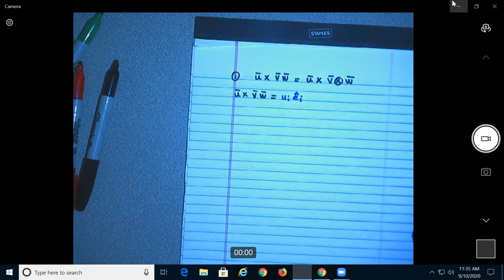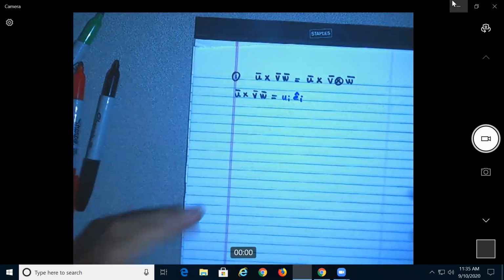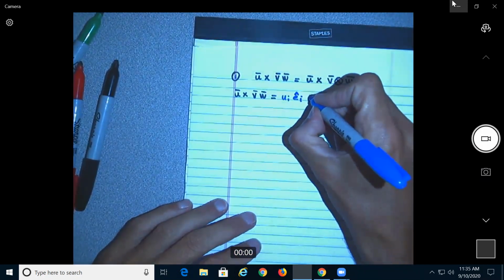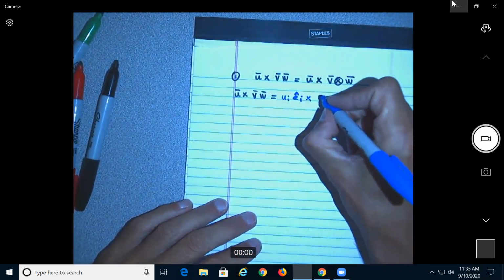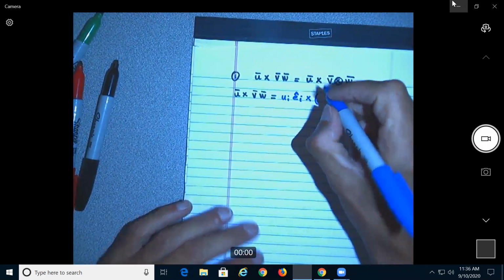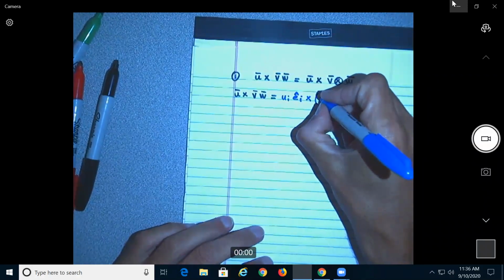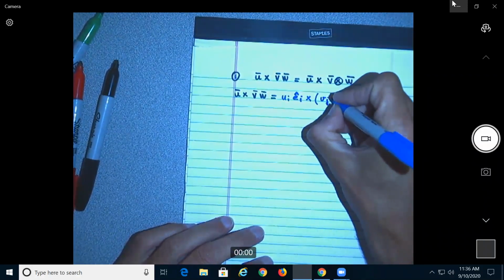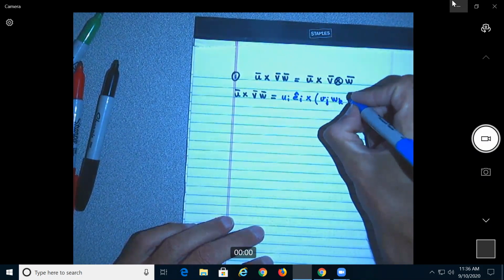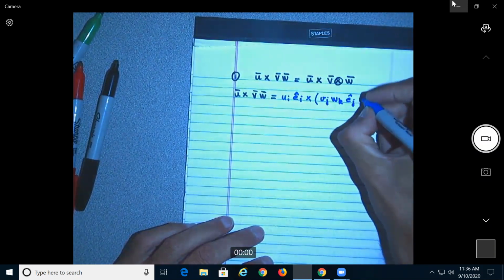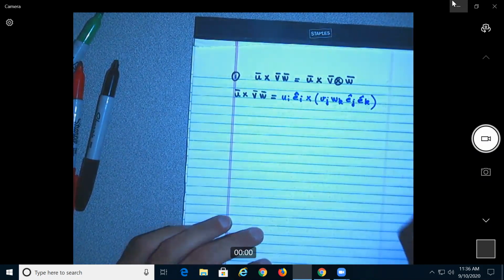And now we're going to need the cross product of someone. So this one will be V j, W k, e j, e k.